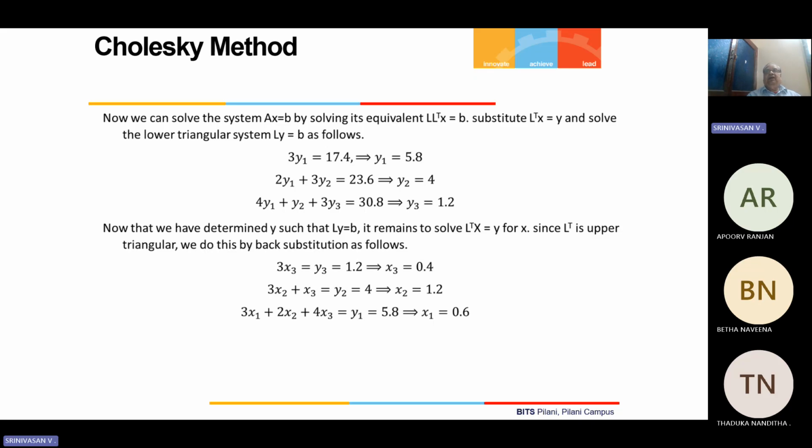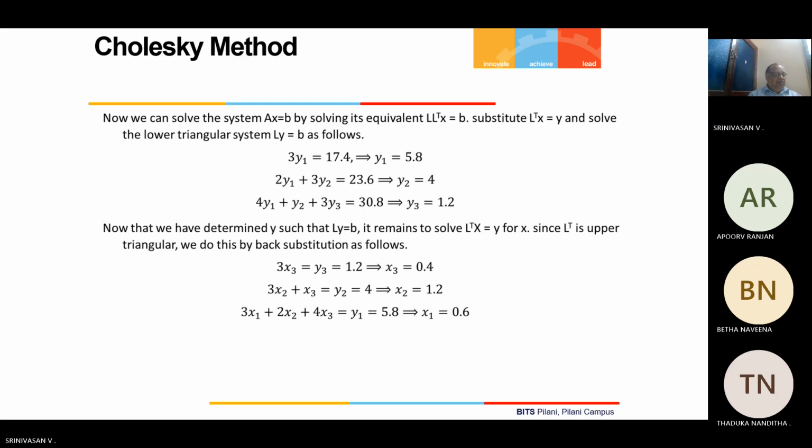Now, L transpose X equal to Y, because in the place of U you are having L transpose. What is the L transpose now? 3 2 4, 0 3 1, 0 0 3. So back substitution: 3x3 is equal to the right hand side y3, 1.2, therefore x3 is equal to 0.4.